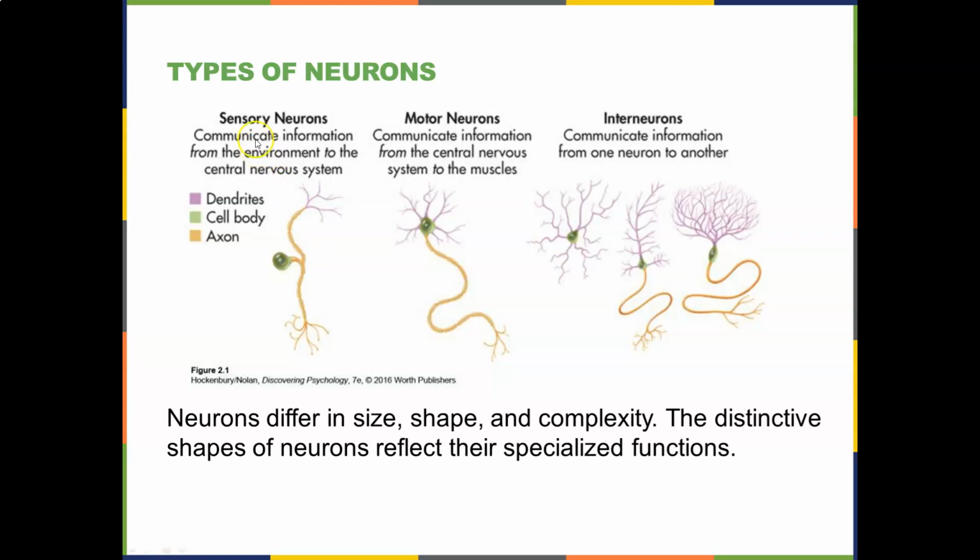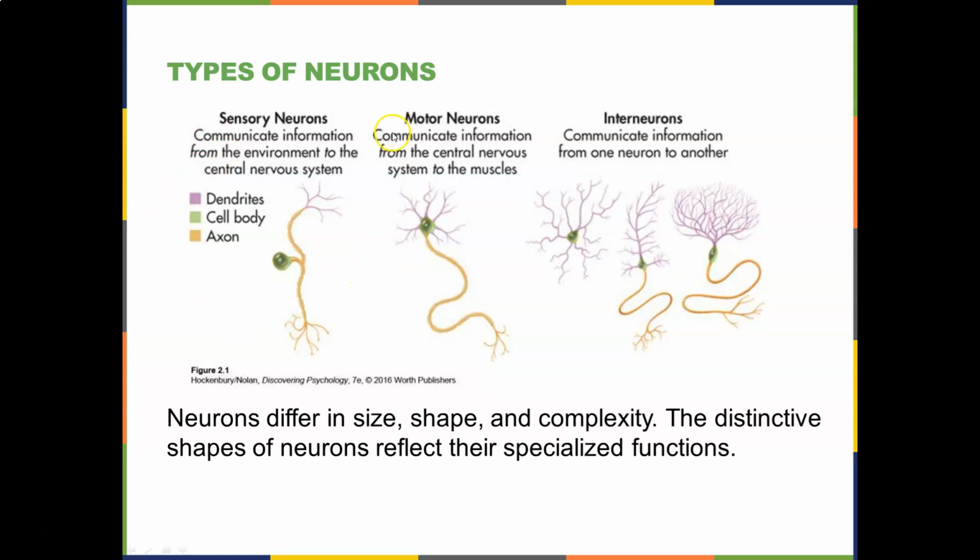There's what's called sensory neurons, and those communicate information from the environment to the central nervous system. So I call that basically from the outside in. Whenever an individual feels something, like heat, cold, pressure, touch, that's usually the sensory neurons communicating that information to the nervous system.